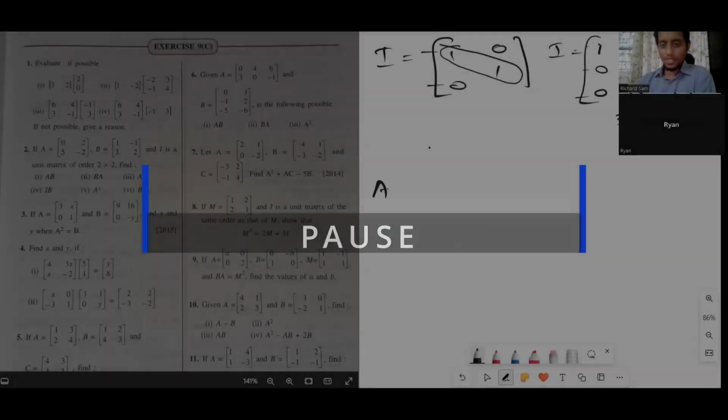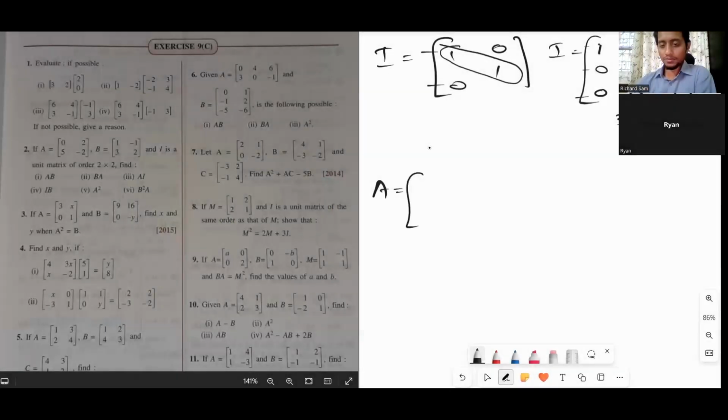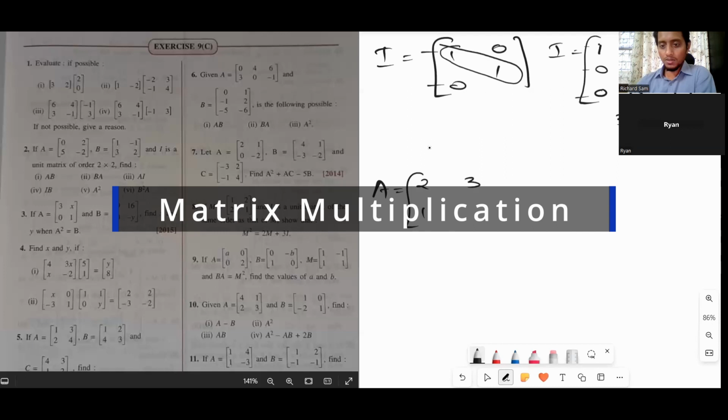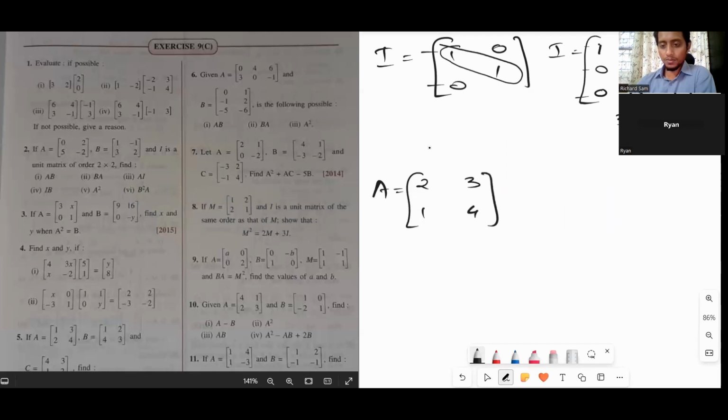Okay, let's take 2 matrices. Matrix A: 2, 3, 1, 4. Matrix B: 2, 4, minus 1, 3, 0, 6.